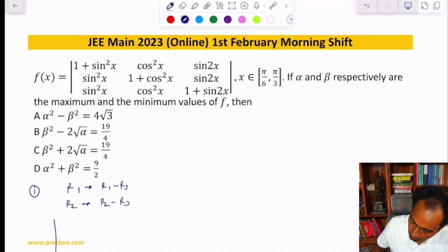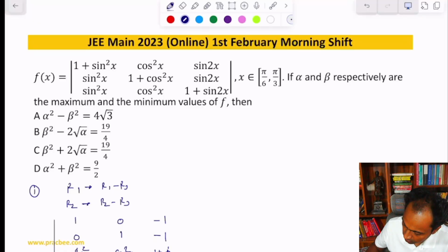If I do so, what are you getting? First becomes 1, 0, minus 1. Second becomes again 0, 1, minus 1. And the third row remains the same: sin square x, cos square x, and 1 plus sin 2x.